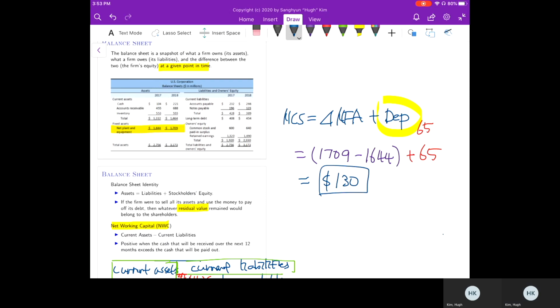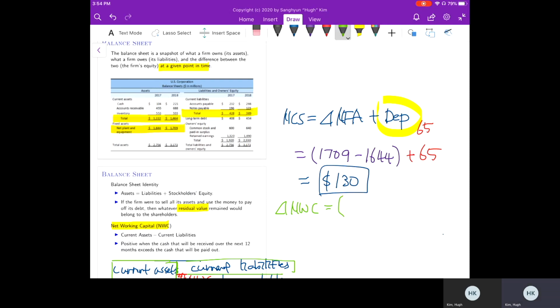Okay, how about the change in net working capital? We have to compare net working capital at the end of 2018, the difference between current assets minus current liabilities.